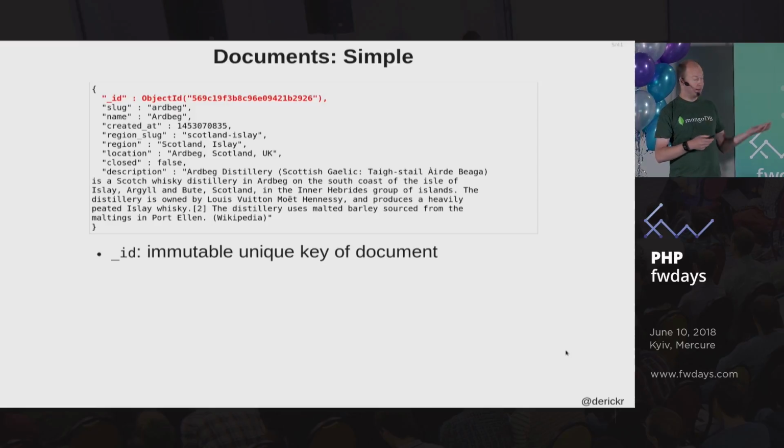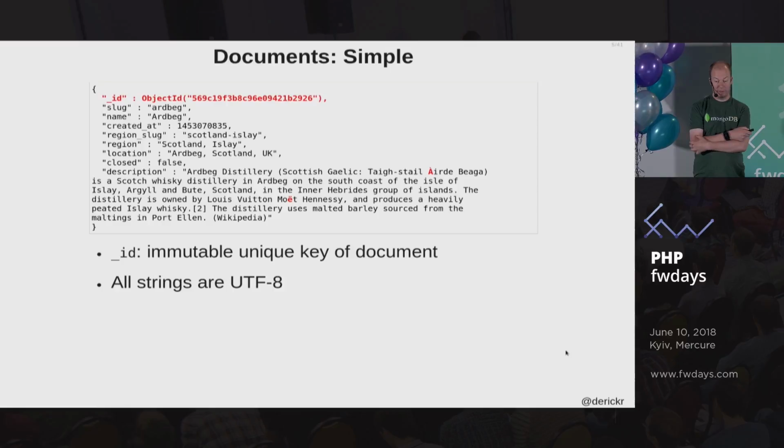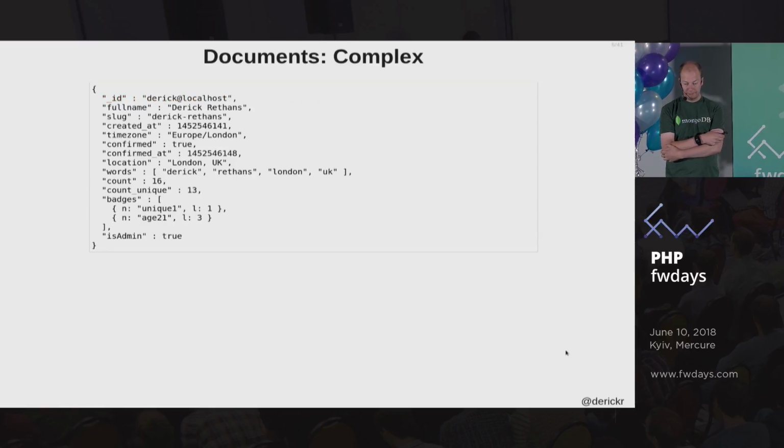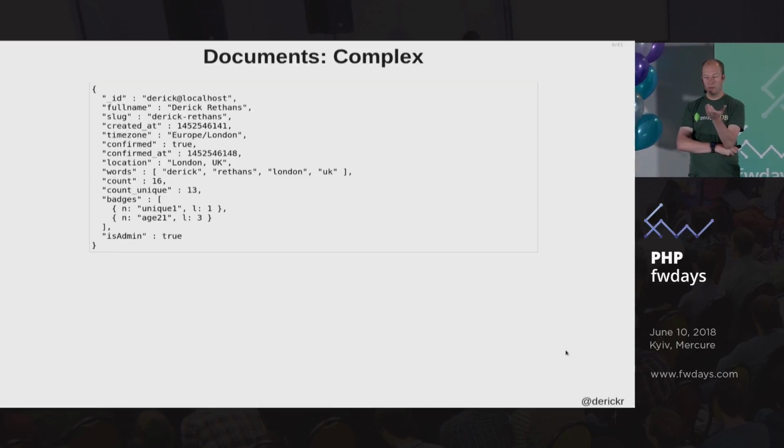And then all the other fields in here are, well, key value pairs, right? We need to point out that all the strings are UTF-8, so you never have those annoying character encoding issues anymore. But that's just a very simple one. The interesting thing is that because MongoDB is a document database, those documents can be quite a bit more complicated than simple key value pairs.